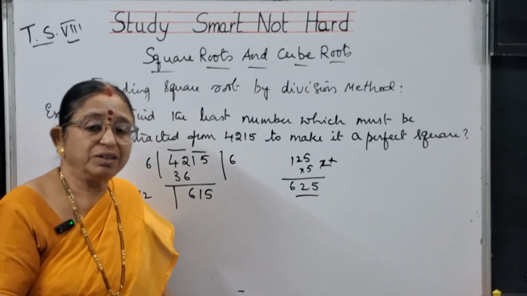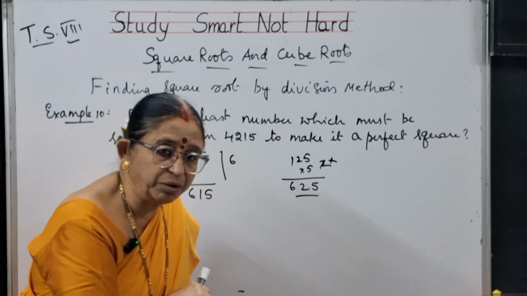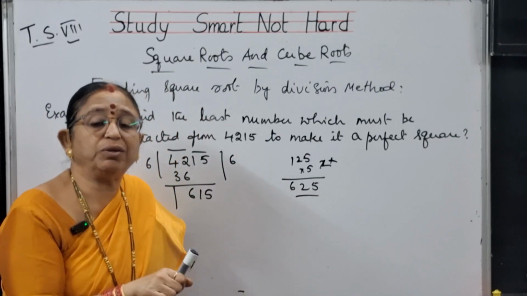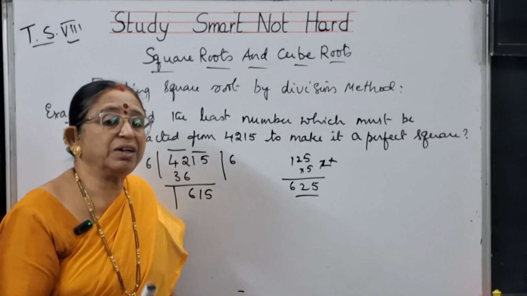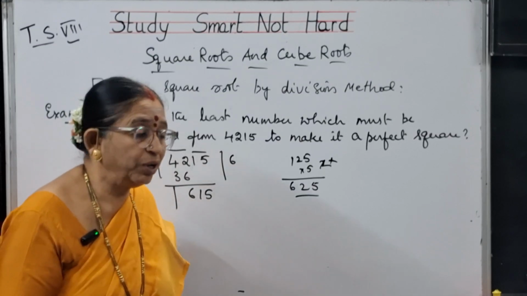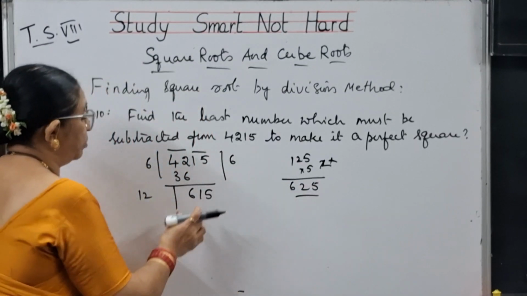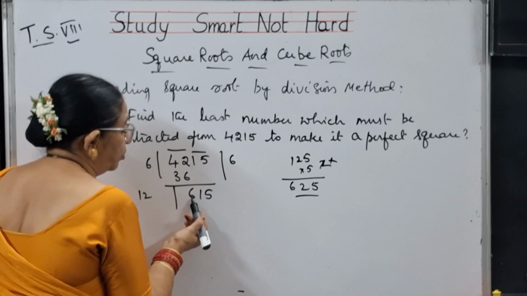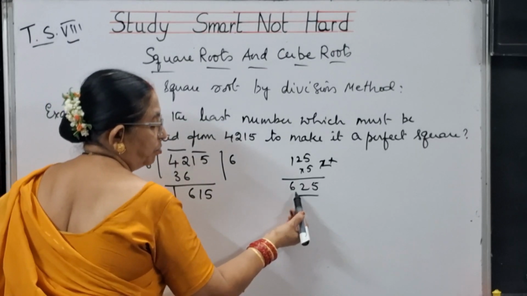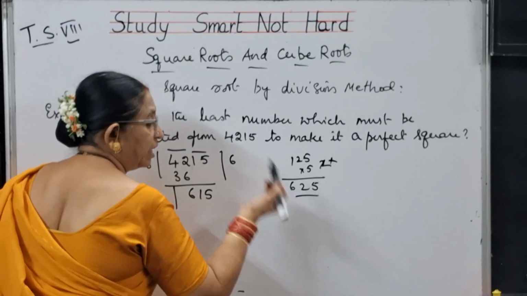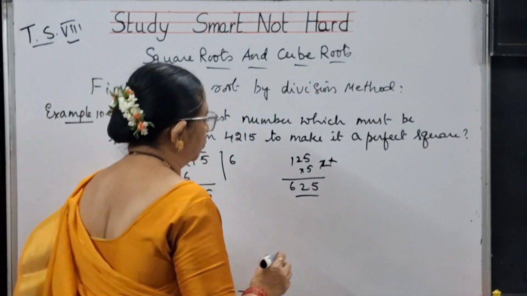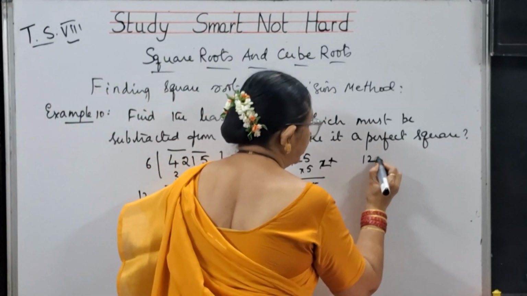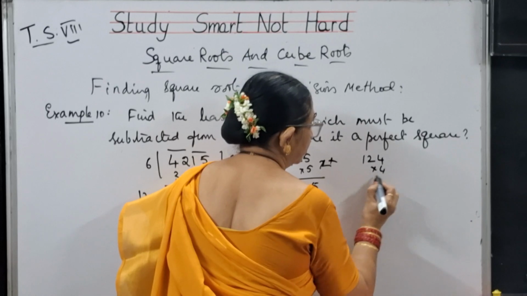They said that means this is a somewhat greater number, and you should find a number which can be subtracted. That means the given value is more. 615 should be more. I can't take this because this is more than the given number. That means 5 is not possible. So I should go for the number before, that is 4.